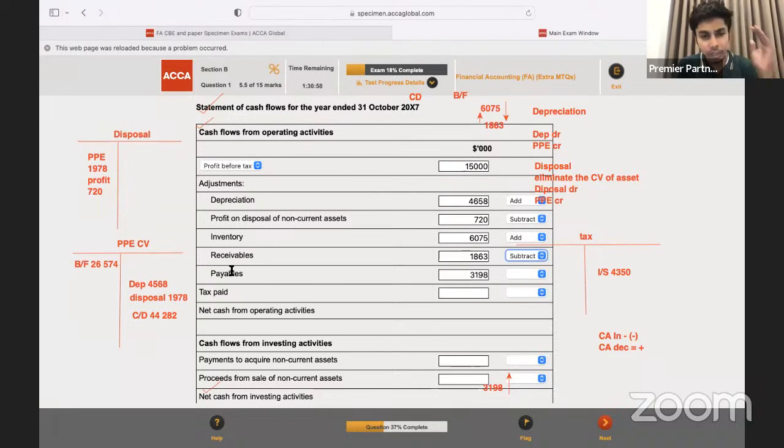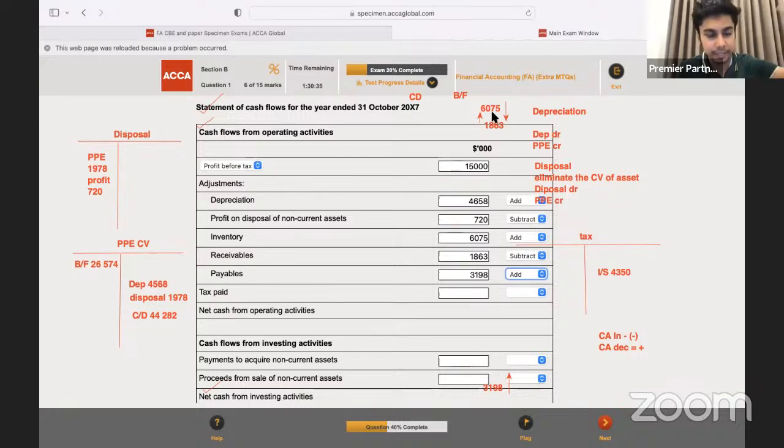Payable. When the trade payable is increasing, look at this. Trade payable is increasing. So when current assets are increasing, we are saying minus. No, current liability is opposite. When current liability is increasing, answer is plus. So therefore, let me mark it over here. Add. This is how you have to do your working capital changes. First, find the difference.